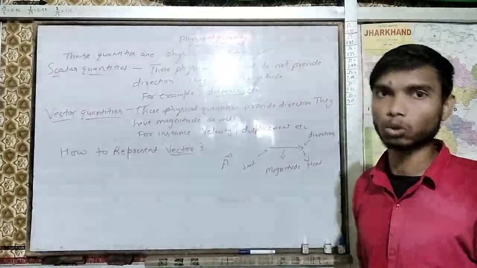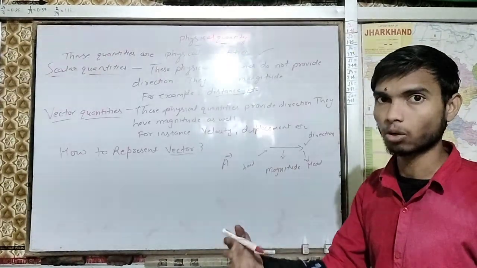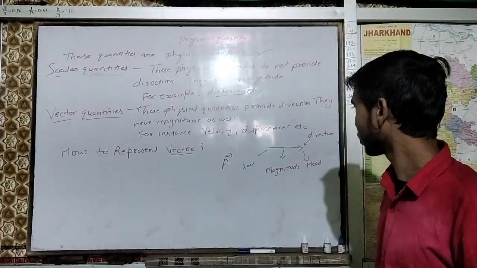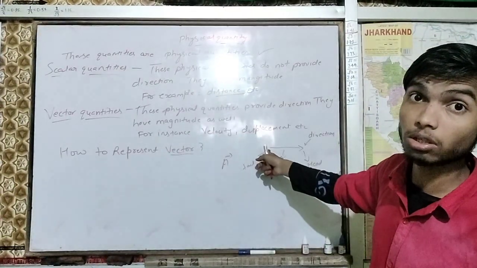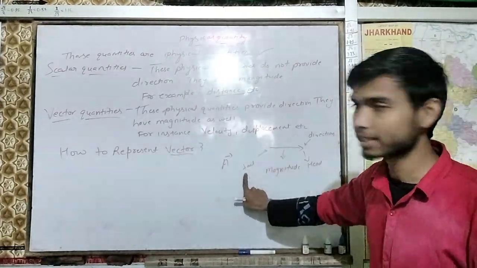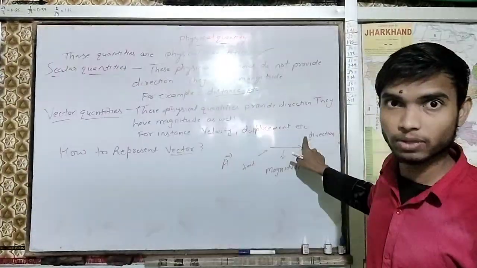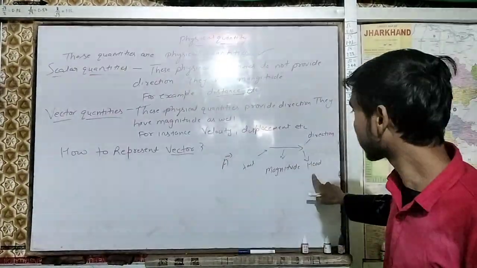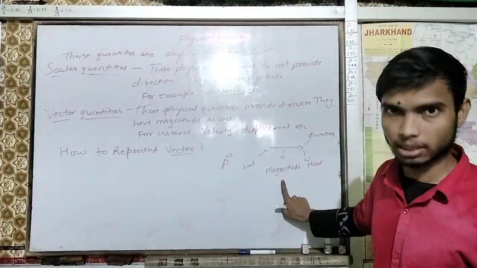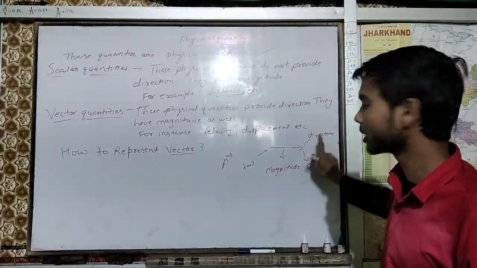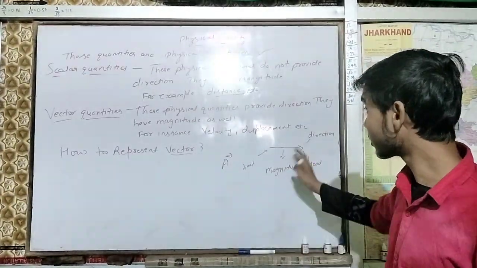It will help you in upcoming concepts. Okay, this line segment is magnitude and this arrow is a direction.